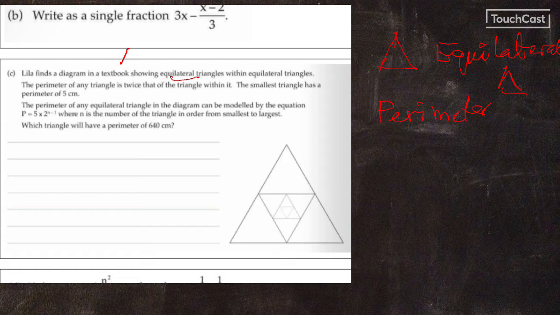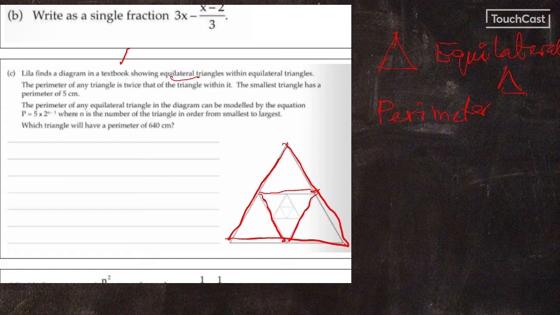The perimeter of the triangle is twice that of the triangle within it. That took me some time to understand. So if they're talking about this triangle, they're relating the perimeter of the outside triangle with the one immediately inside it.